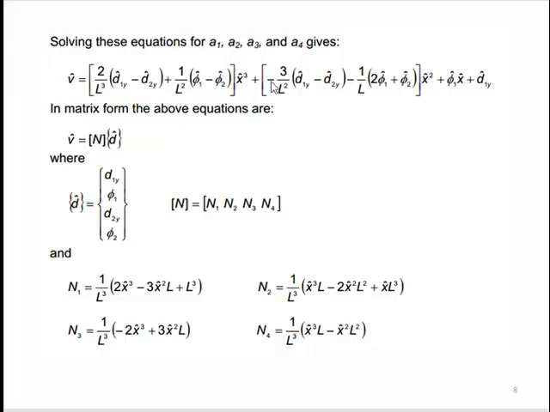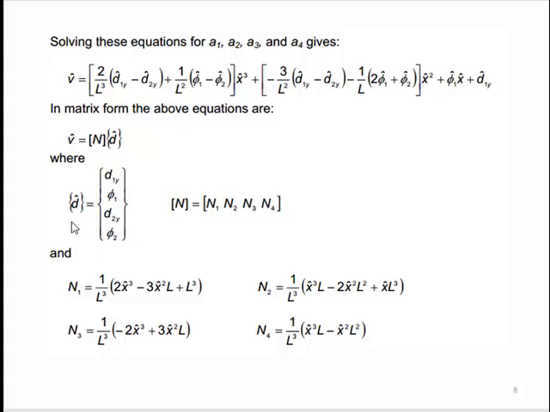So v turns out to be this expression, and it can be rearranged so that we separate the coefficients of all the degrees of freedom, that is, the coefficients of d1y, d2y, phi 1, and phi 2. Then we can make one vector for the degrees of freedom, and the other matrix will give us the shape functions.